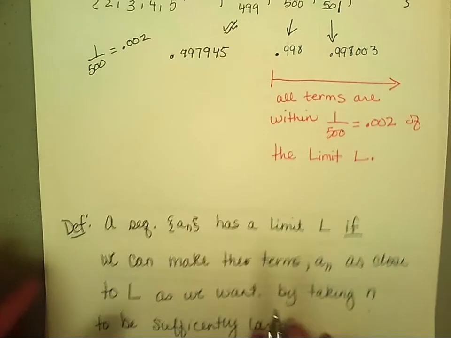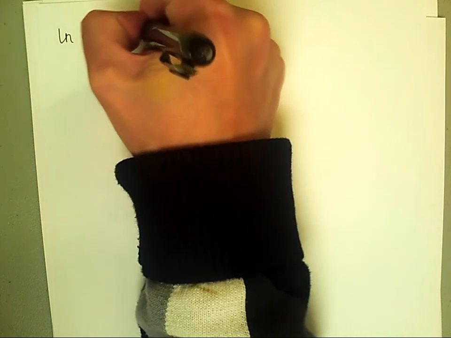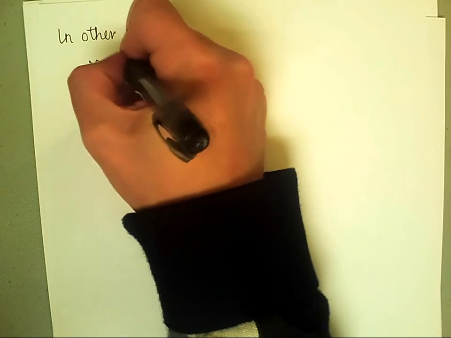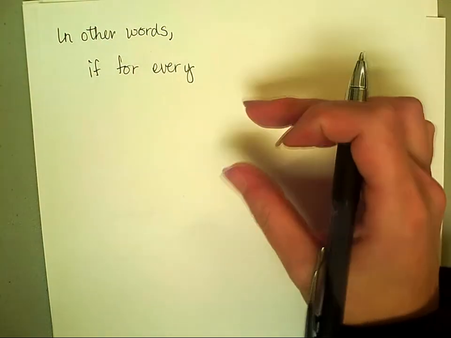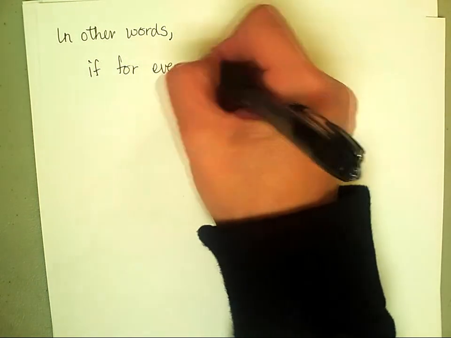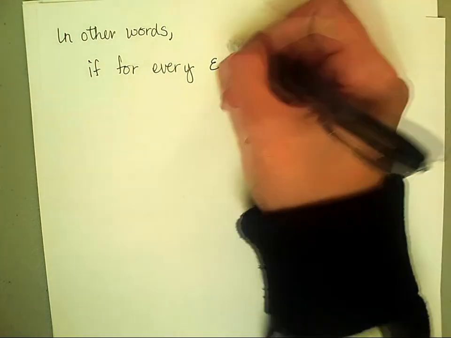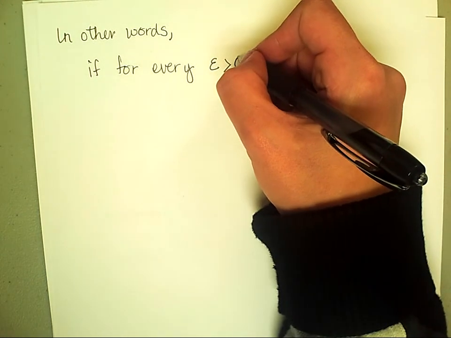Which brings us to a continuation of this next definition. In other words, for however close I want to get, let's call that epsilon. Okay, epsilons look like this. As long as it's greater than 0, we don't deal with negative epsilons.